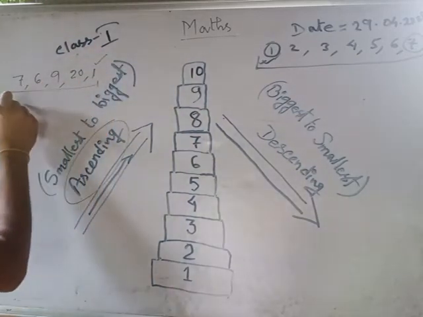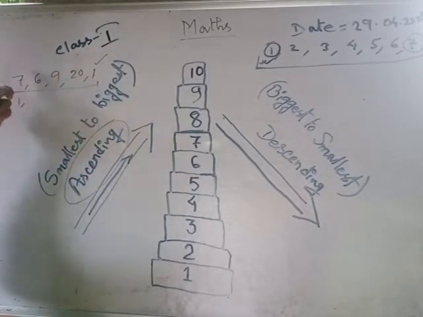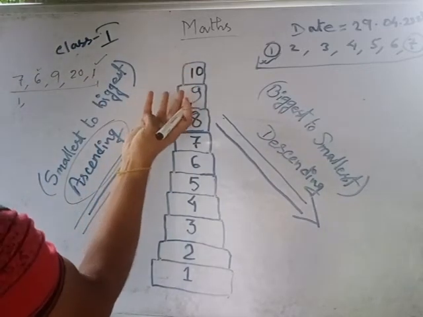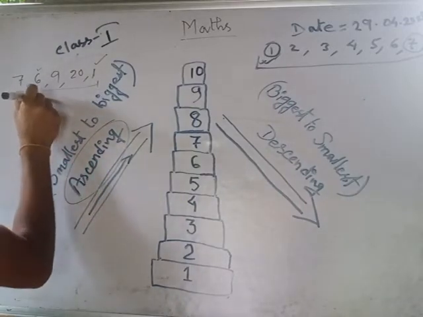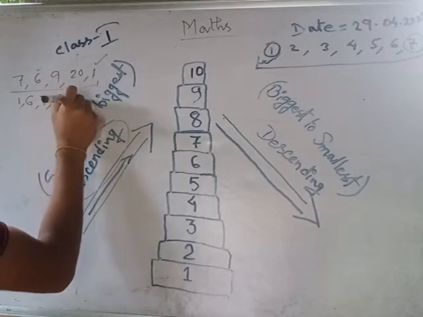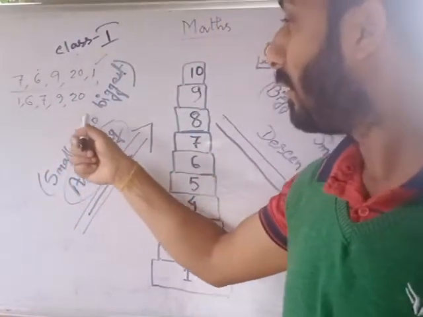We should write here at first 1. After that, find out the numbers which come after 1. That is 6, then 7. Then 9. At last 20, because 20 is the biggest number. That is called the ascending order.